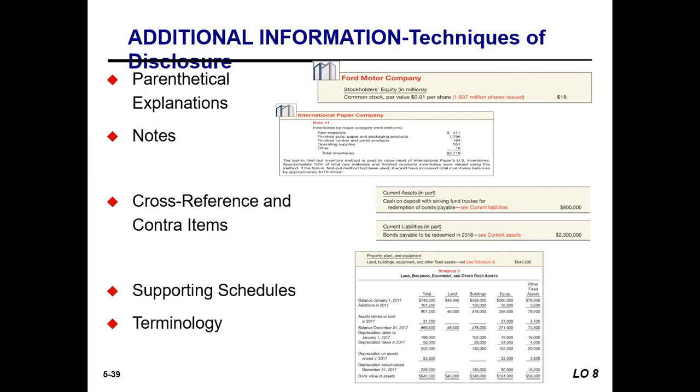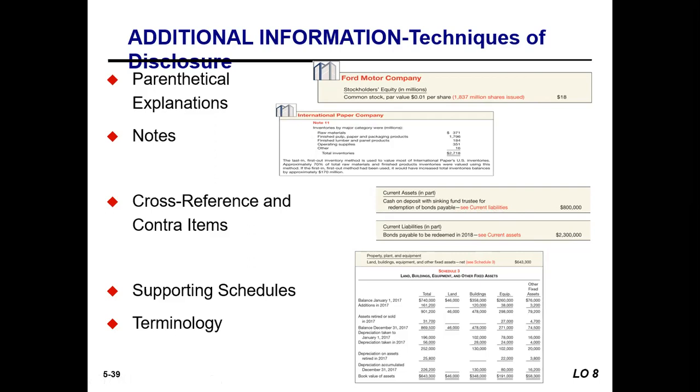Notes to the financial statement. Again, we're seeing an example of one here, a note on inventory. So we might have a note to the financial statement. Cross-reference or contra items. So we see here where it says see current liabilities, that's a cross-reference, or see current assets, that's a cross-reference. Contra items: accumulated depreciation is a contra asset account.